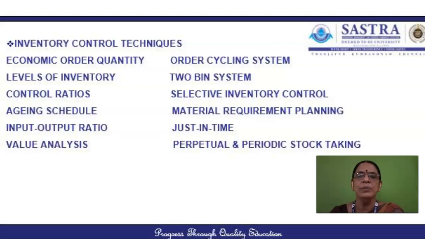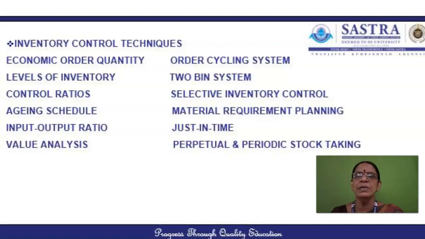We shall see how this Q system can be implemented. It is implemented through the two-bin system. The two-bin system operates on the ROL system and it physically segregates the stock of the entire item into two bins.